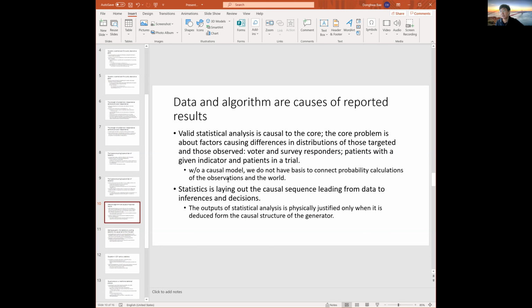The author argues that statistics is laying out the causal sequence leading from the data to inference and decisions. And the outputs of the statistical analysis are physically justified only when they are deduced from the causal structure of the generator.